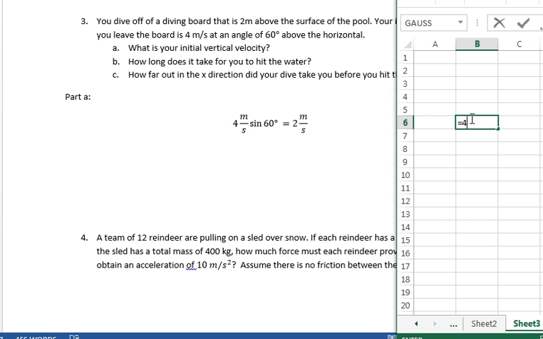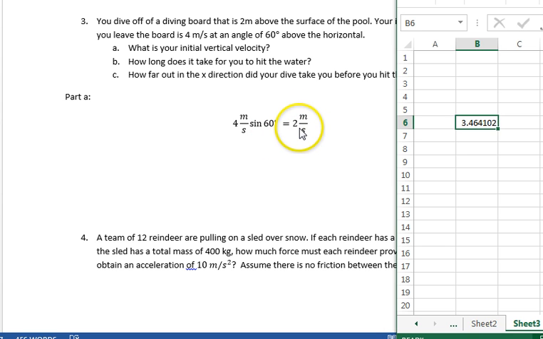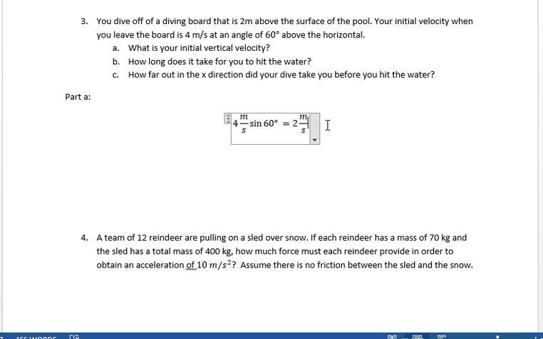So equals 4 times the sine of radians of 60 degrees. Oh, I was wrong. 3.46. 3.4, we'll call it 3.5. 3.5 meters per second. All right?